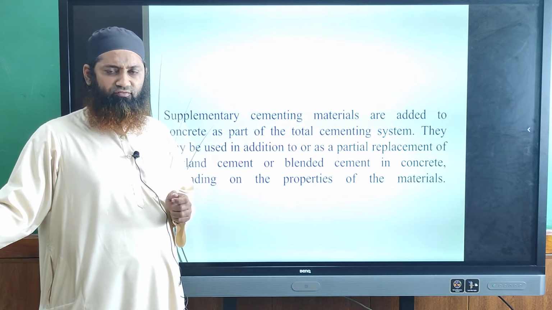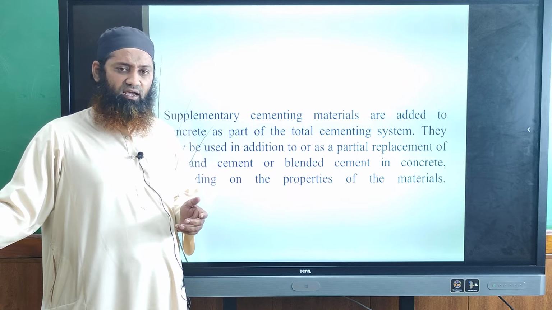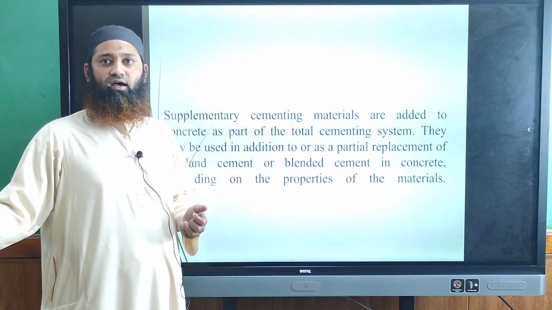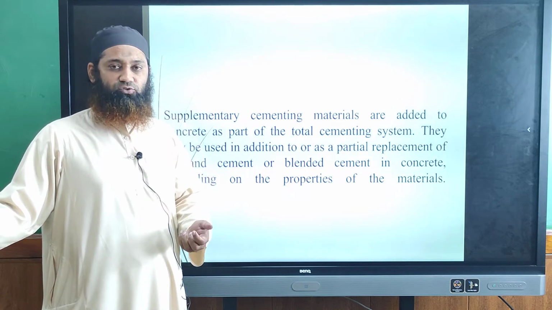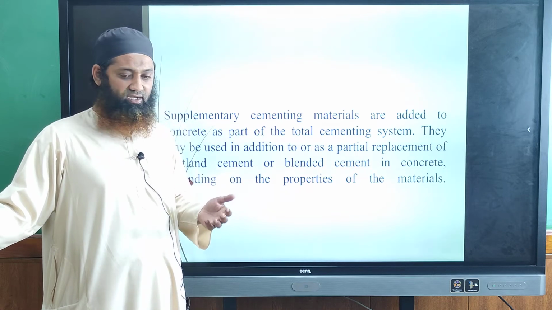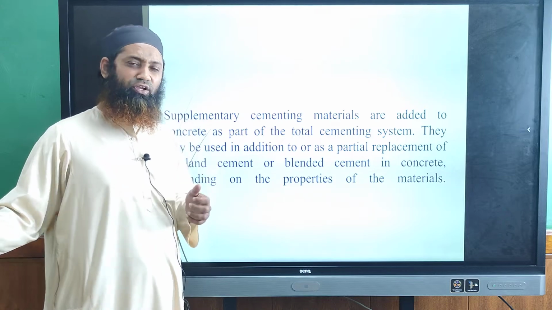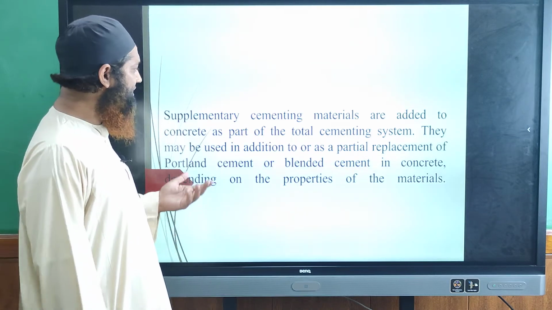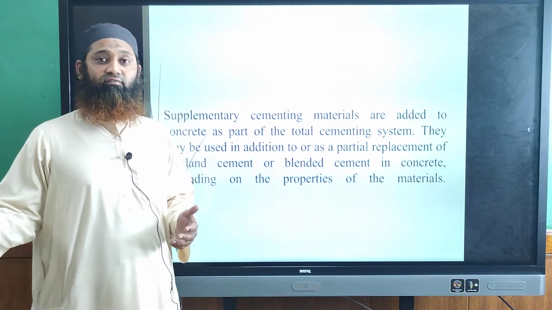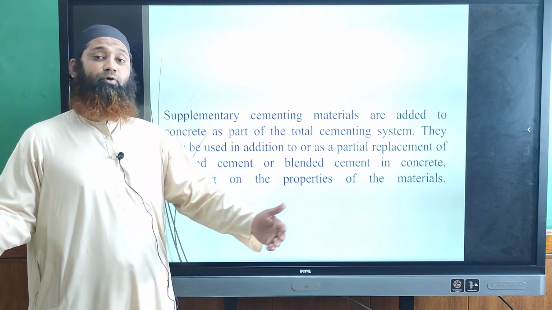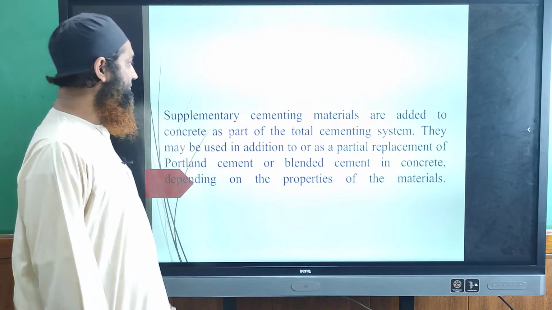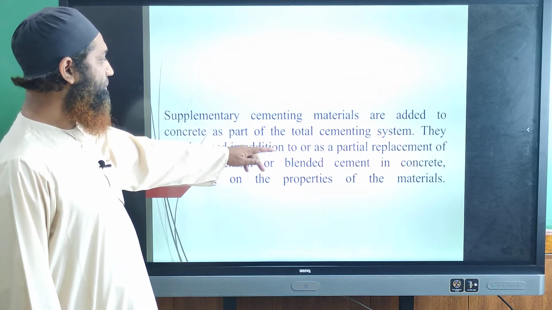So we need to come up with other materials which can reduce the amount of natural resources, because with this rapid demand, the natural resources are getting dried up. So we need materials which are waste products or byproducts of other products. They may be used in addition or as a partial replacement.